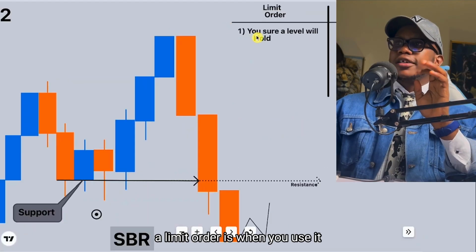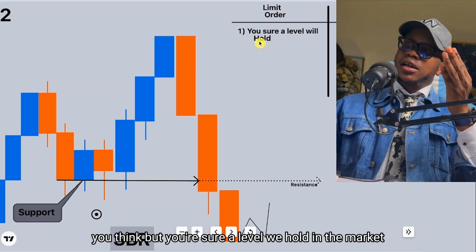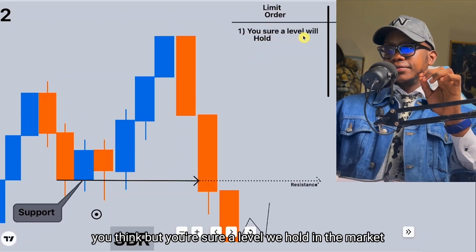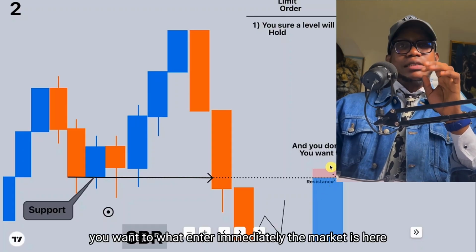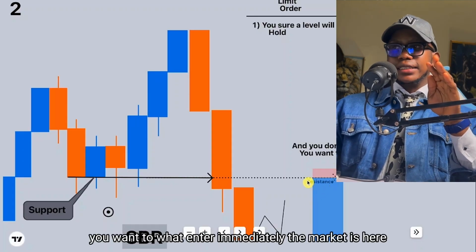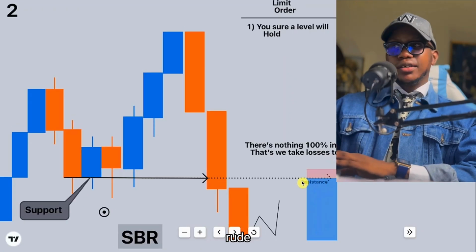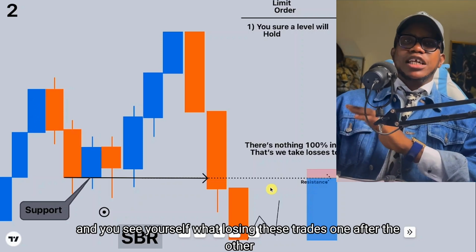A limit order is when you think a level will hold in the market, and you don't want to wait for the market. You want to enter immediately. The market gets here, you are 100% sure that it will hold, and you see yourself losing these trades one after the other.